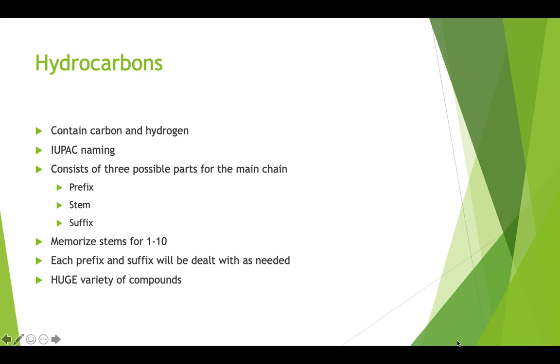And there is a huge variety of compounds in organic chemistry. In fact, almost all of your biomolecules are organic. Almost all of your drugs are organic molecules. There's a few, very few, that are not. There's hundreds of millions of possibilities.